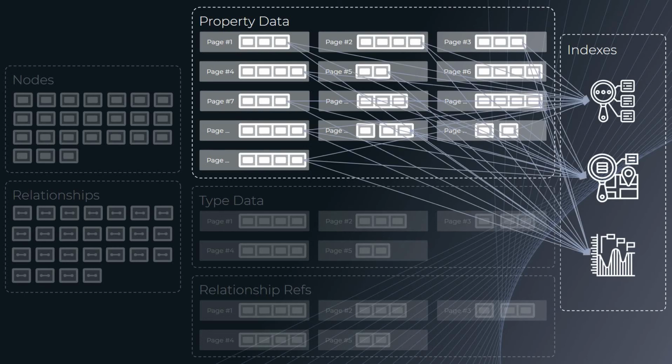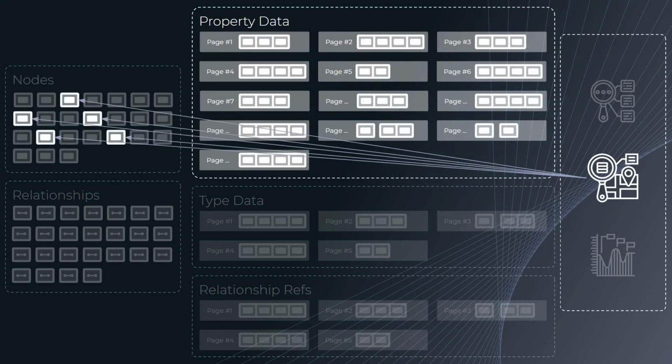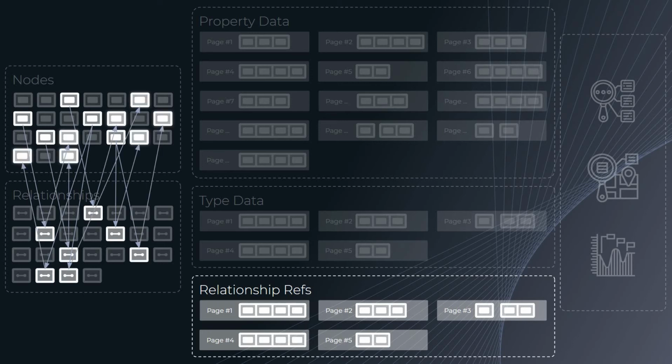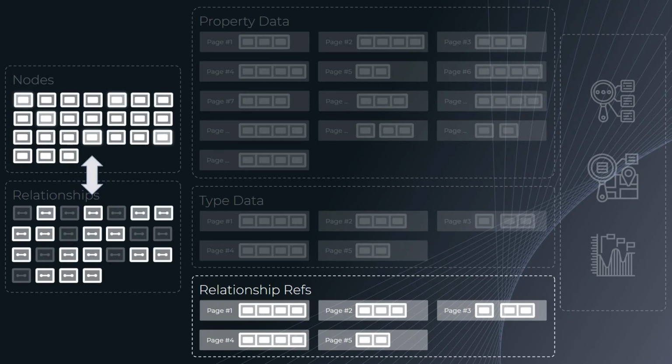Then, when we need to find the data, we can query the appropriate index. The index points directly to the immovable fixed-size node entries, and these nodes, in turn, have in-memory pointers directly to their relationship linked lists. And these relationships have direct in-memory pointers to their reference nodes. And so traversing between the two is really, really fast.